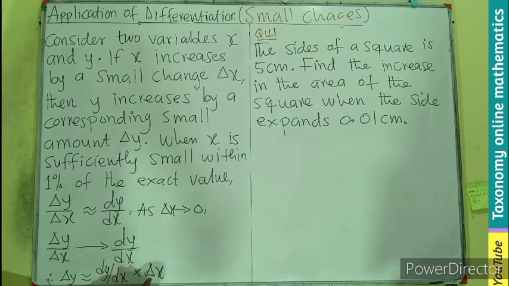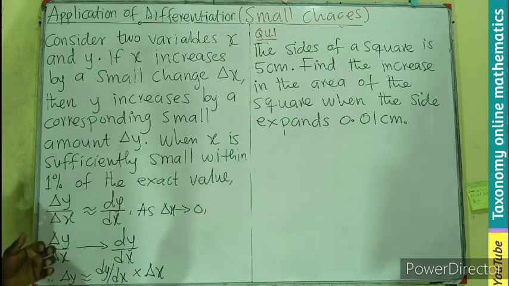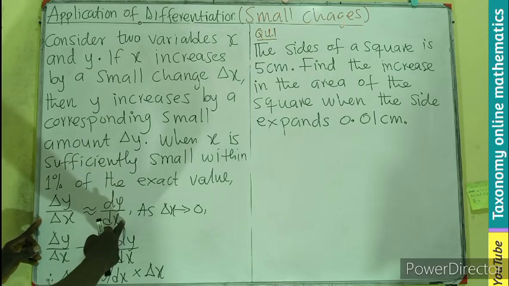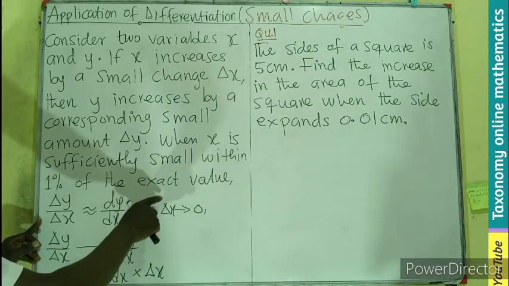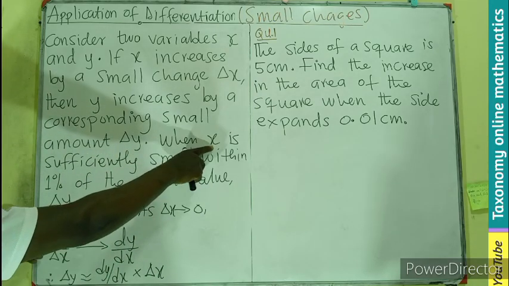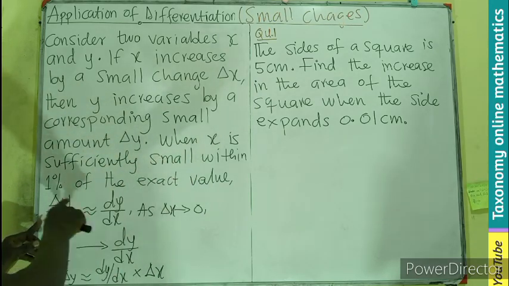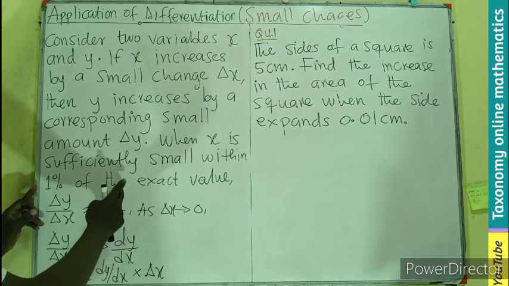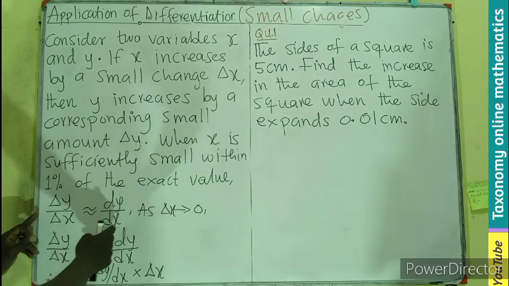We can as well make delta x the subject, whereby delta y will multiply. You only reciprocate the dy dx. Okay, so this concept should be one key term that we'll be using, agreeing that as the change of x is within 1% and delta x is approaching 0, this is going to be the final conclusion we are going to have.